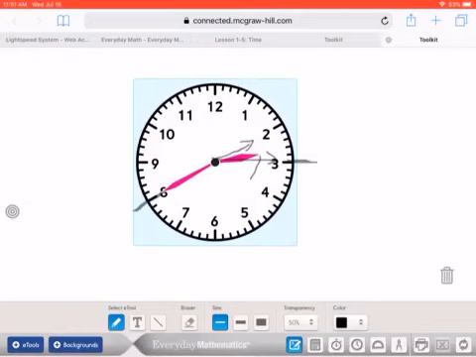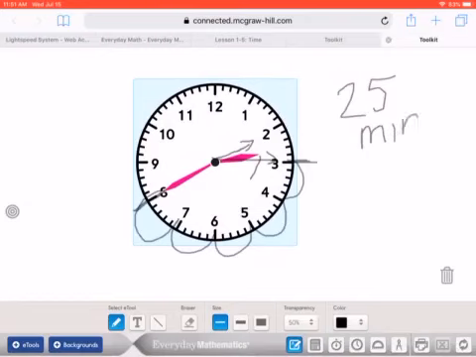But we're going to skip count by 5. So from here, 5, 10, 15, 20, 25. So the difference is 25 minutes. Okay, it's important that I include that unit.